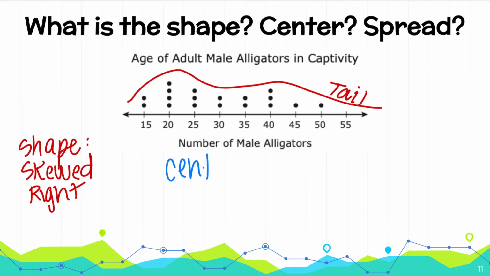My center, which I can use my median for, I can actually cross off points to find the middle. So I will start with the least and the greatest. So 15 and 50, so I crossed off 2. Then I'll cross off more as I go.